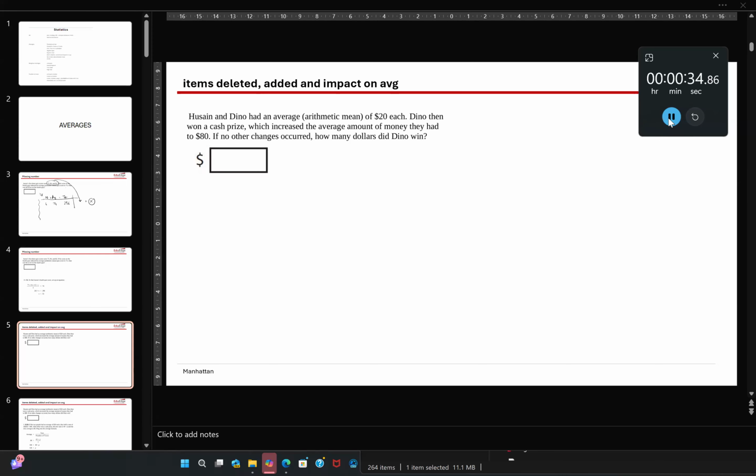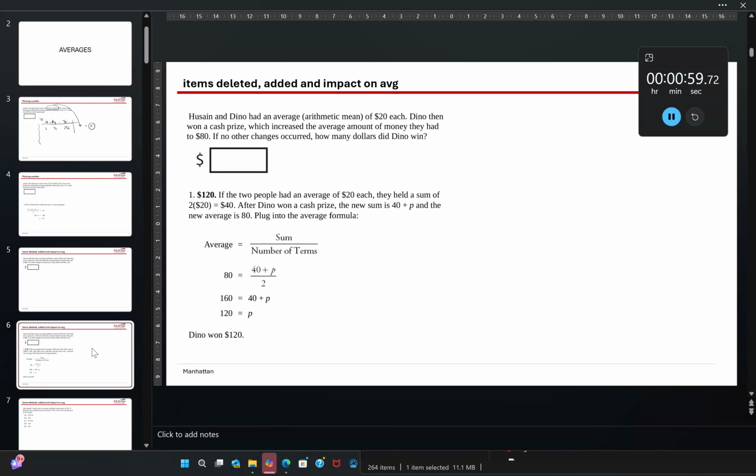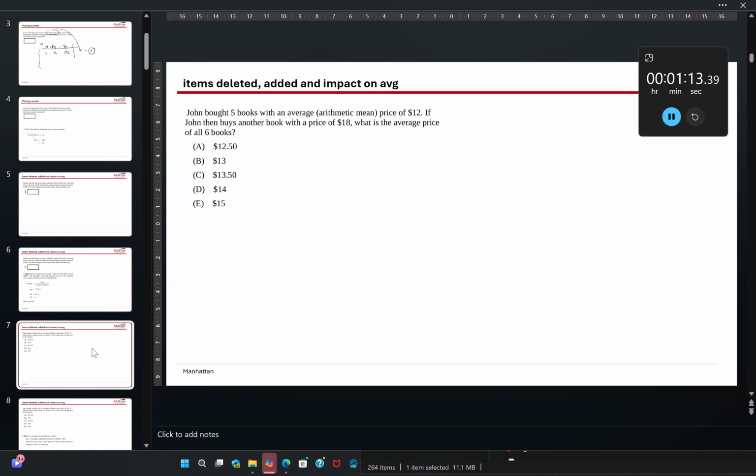Acha, which increased the average to 80. X is 120. And 120, no? 120. Okay. Yeah. 120. Is this how you did it? Simple. Okay. Let's go on.